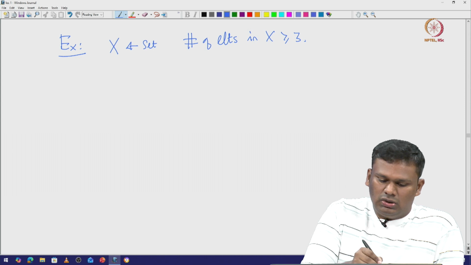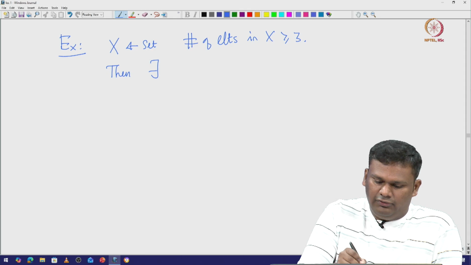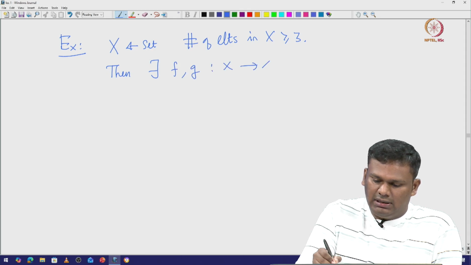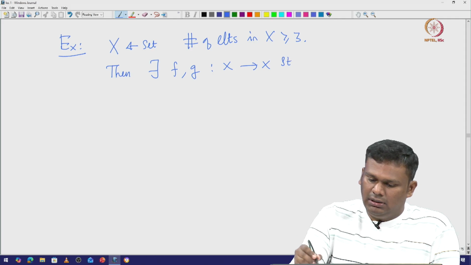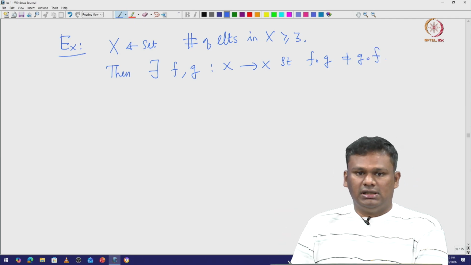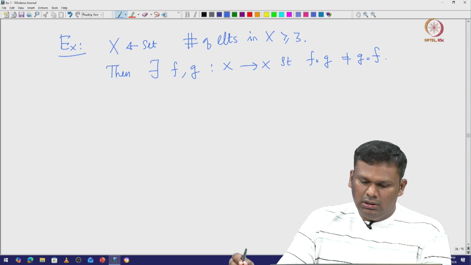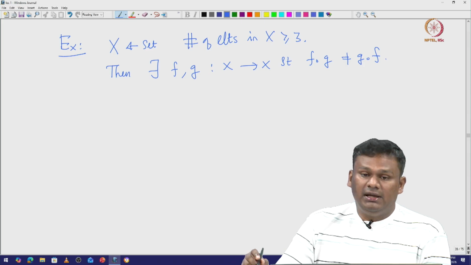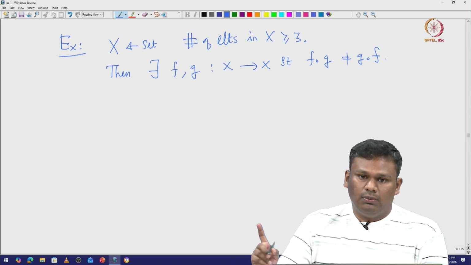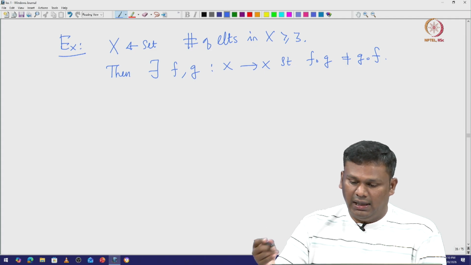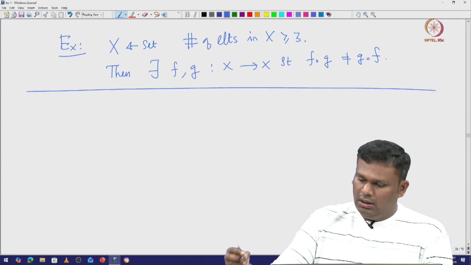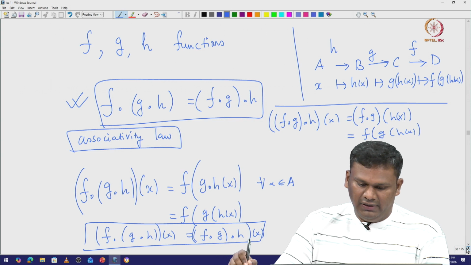Then we will be able to find functions f and g defined from X to X such that f composition g is different from g composition f. So, this is always true. That means commutativity between these compositions is never happening, but associativity is always there.